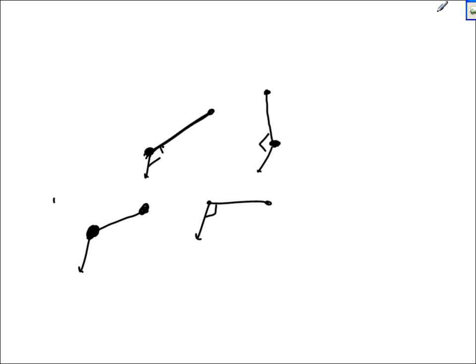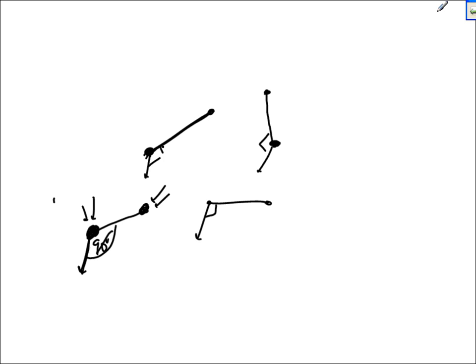Well then, this angle will not be 90 degrees. This angle, whatever it is, it's not 90 degrees. This point is on the board. This point is off the board. And this vector is coming straight out. It won't be a right angle.